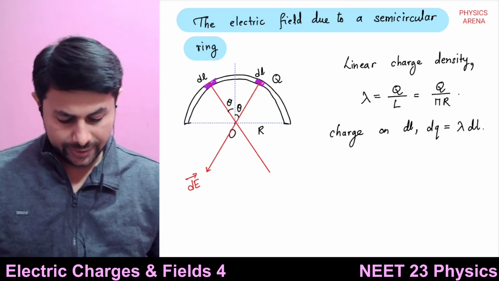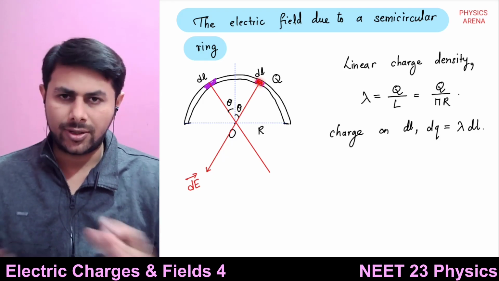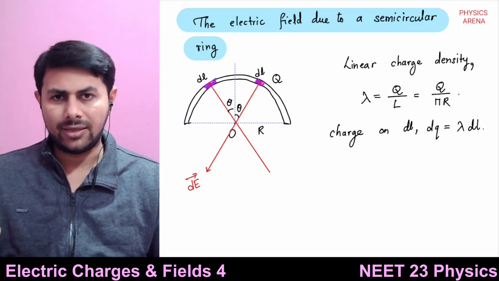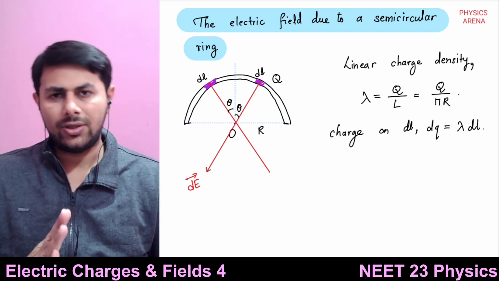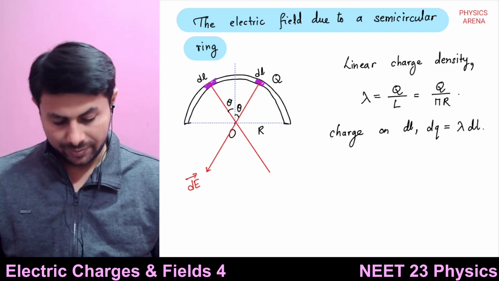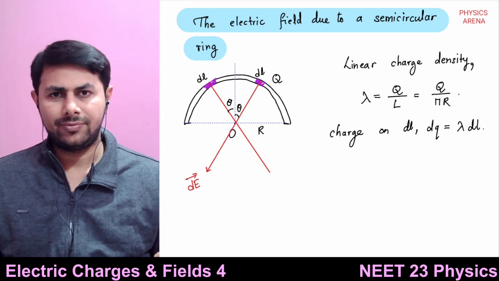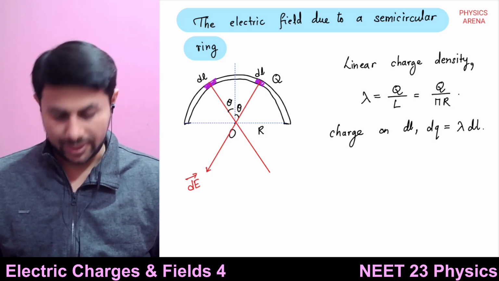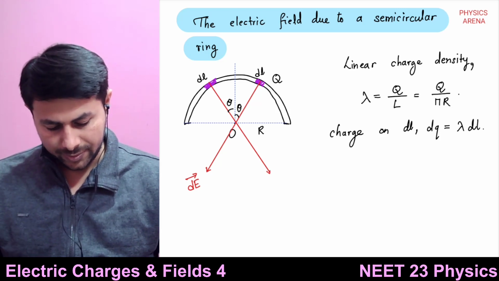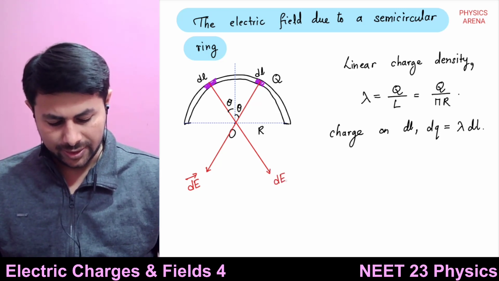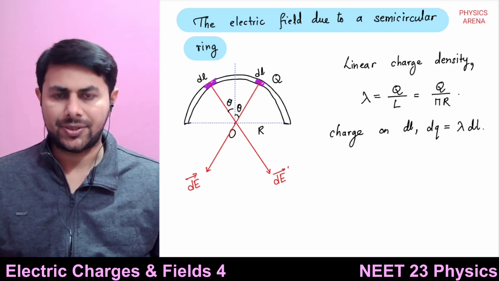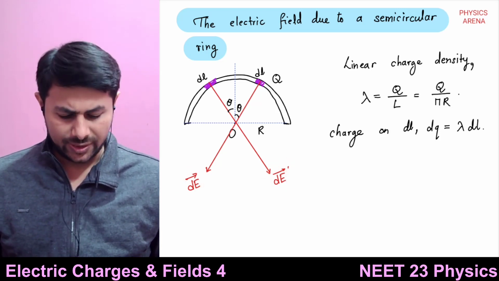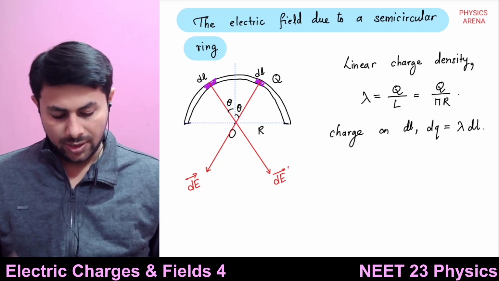So what I'm saying is, you have one length element on the right hand side. You can take another length element of the same length on the left hand side of the ring at the same angle. It will also produce the same amount of electric field at this point. The electric field due to this one is suppose dE bar dash, but the magnitudes of dE bar and dE bar dash are equal.